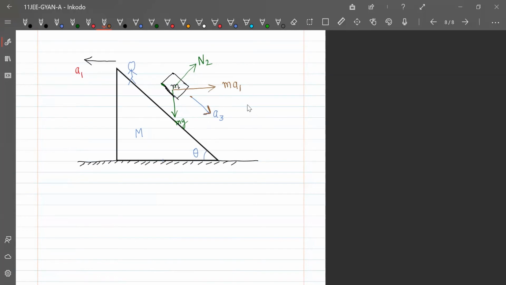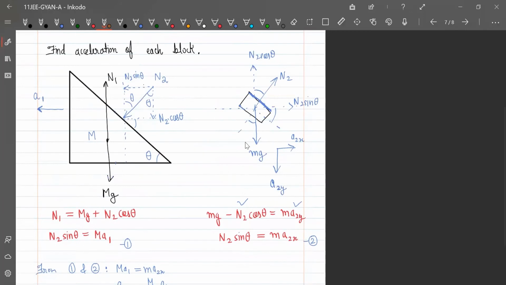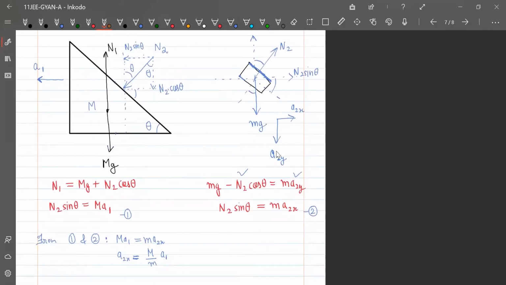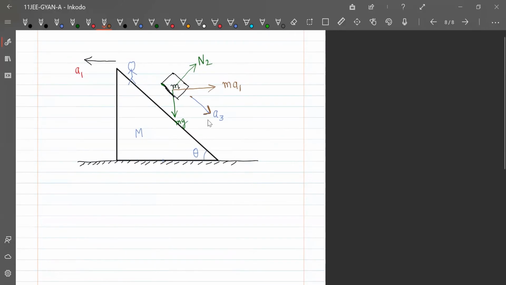So let us try both ways. 3 forces हैं. इनका अगर मैं हॉरिजॉन्टल और वर्टिकल में कंपोनेंट लेता हूँ, सो दैट विल मीन कि मुझे सिर्फ n2 और एक्सेलरेशन का कंपोनेंट लेना पड़ेगा. बट अगर mg और ma1 दोनों कंपोनेंट लेते हैं तो आई एम ब्रेकिंग द कंपोनेंट्स इन डाउन द इंक्लाइन लाइक दिस. बट सी, इसको मैंने ब्रेक डाउन किया along the horizontal here, acceleration along the horizontal and vertical. So let us do that here also.